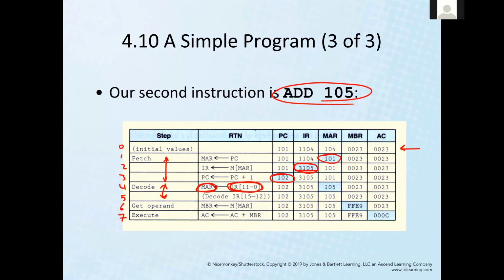And so the address field of IR is 105. Address field of IR, 105, will be placed in MAR, not the entire IR, because IR, if you remember, was 16-bit and MAR was 12-bit.